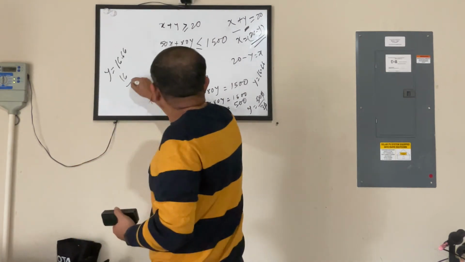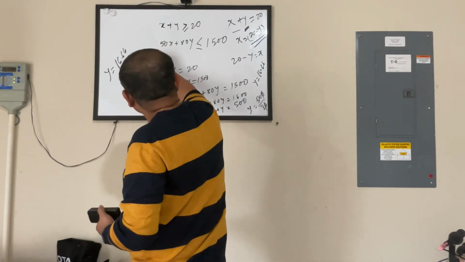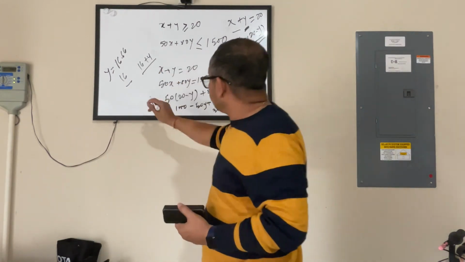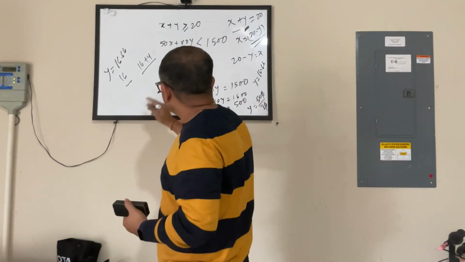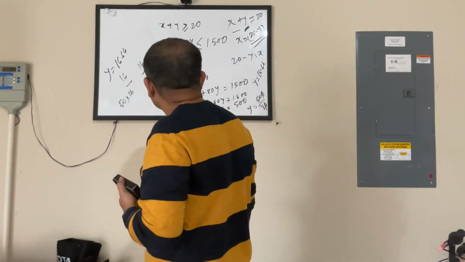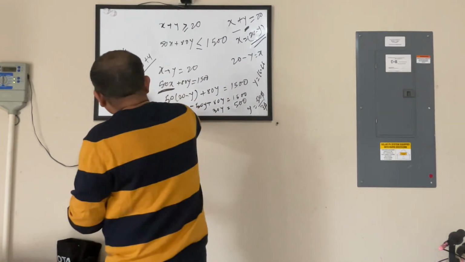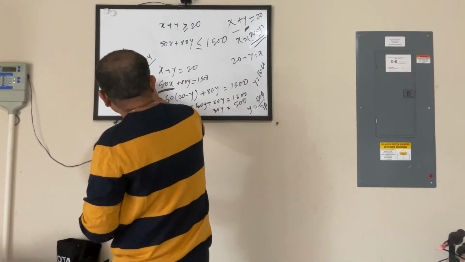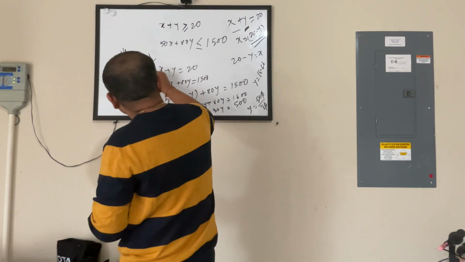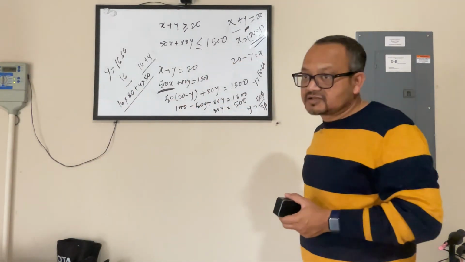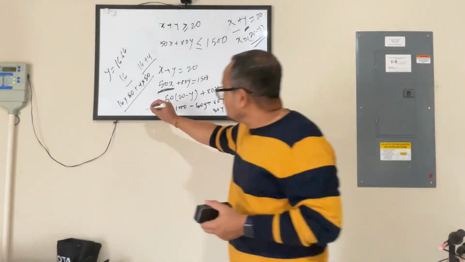If you use 16 here, what happens? It's 16 plus 4. Put 16 into y: 16 into 80 plus 4 into 50. This gives us a number higher than this, right?